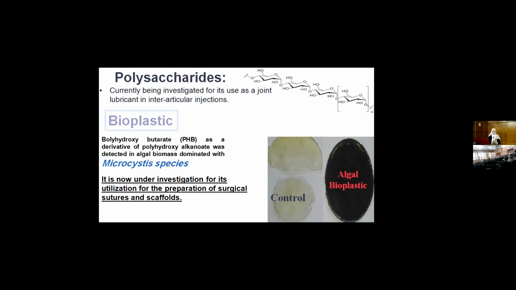And bioplastic could be produced from algae, and it is under investigation and under test till now, because we find polyhydroxybutyrate, a derivative of the polyhydroxyalkanoate, detected in algal biomass dominated with Microcystis species that is found naturally in the high rate algal pond. It is now under investigation for its utilization for the preparation of surgical sutures and scaffolds.